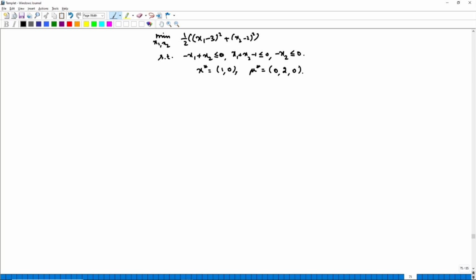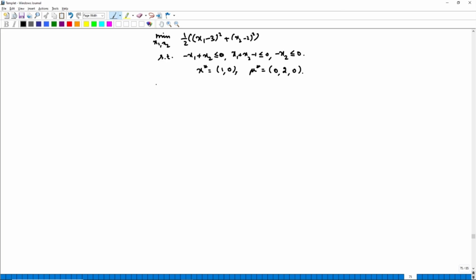Verifying this is not very hard, if you recall how we solve a constrained optimization problem. We write down the Lagrangian, not the augmented Lagrangian, don't get confused, right?